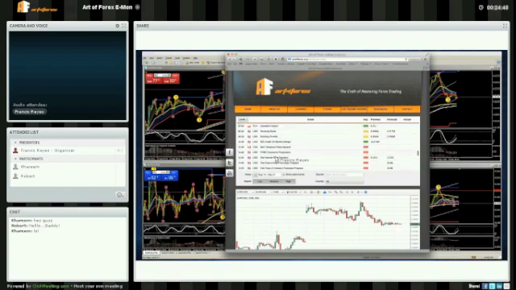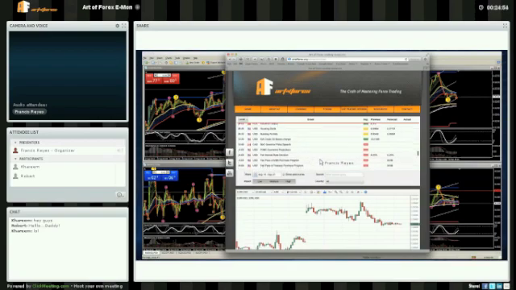At 2 o'clock we have the economic projections and the rate decision from the Federal Reserve, and the press conference at 2:30 in the afternoon U.S. time. So this is where the market is heading.